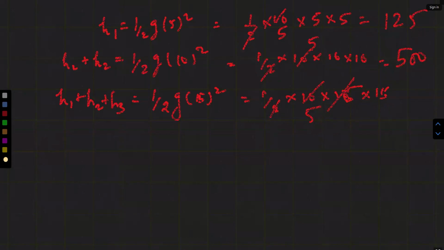Let me just use a calculator. So we have 10 into 15 into 15, and we have to divide it by 2, since it's half. So that is 1125. This is the value which we are getting.